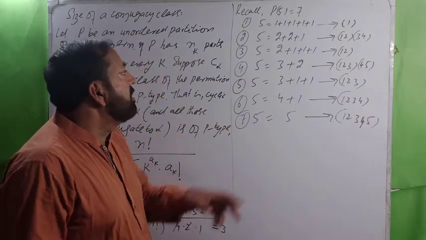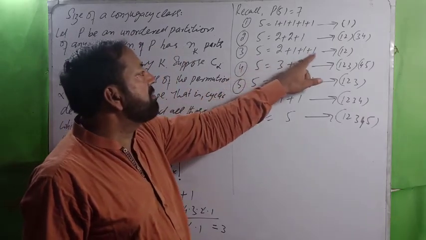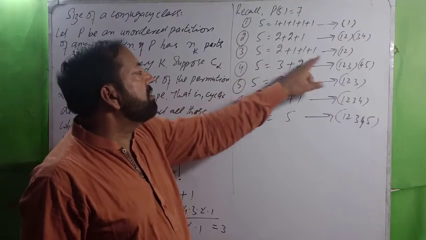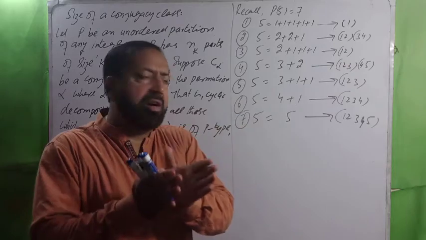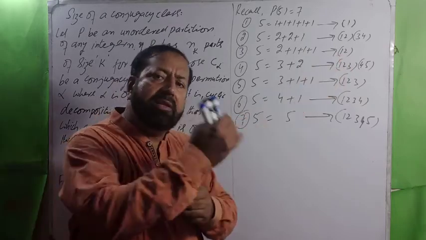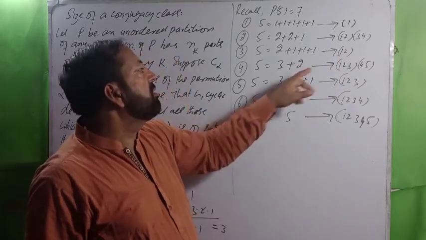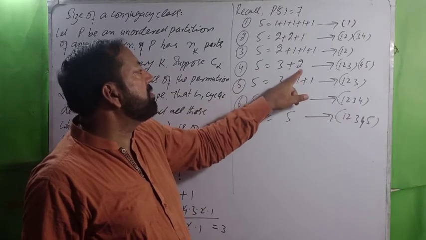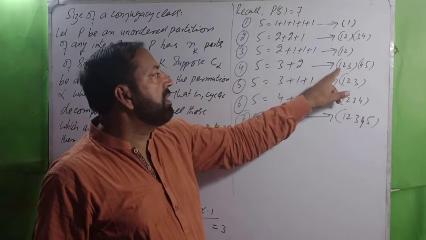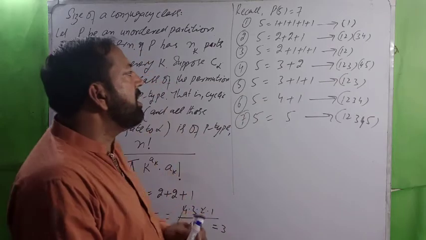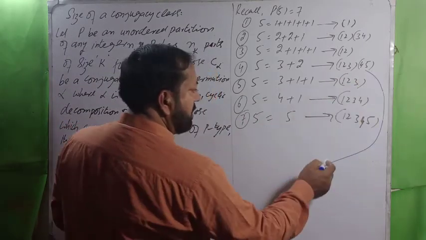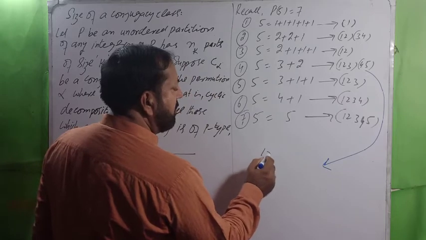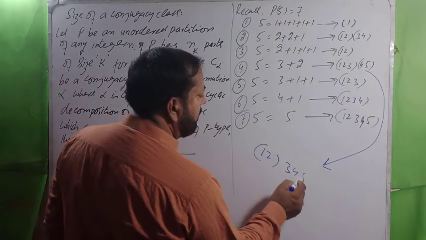Next, 2 plus 1 plus 1. This is of the type (1 2) permutation. All those permutations which are conjugate to (1 2) must be in this class, right? So 5 is 3 plus 2, which means one permutation is of the type (1 2 3)(4 5). You can also write it like this, (1 2)(3 4 5).